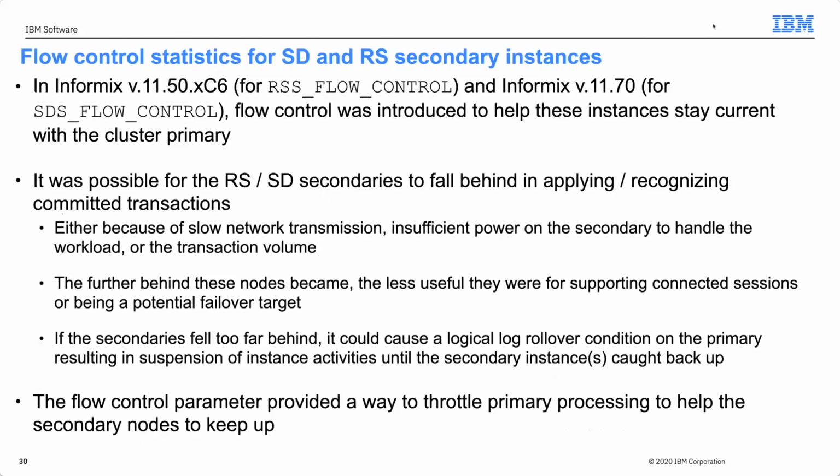Flow control, Scott already talked about this. It was introduced earlier. In 14.10, you really don't need flow control anymore because the replication to the secondaries is just insanely fast. It is just way too cool.